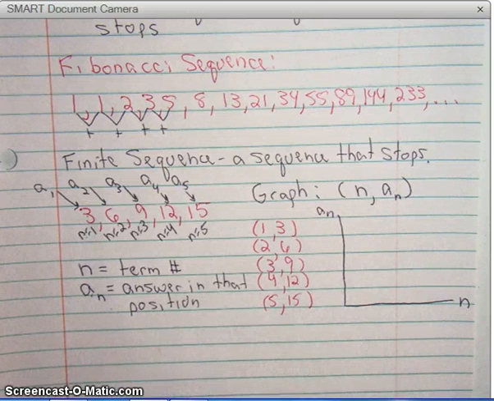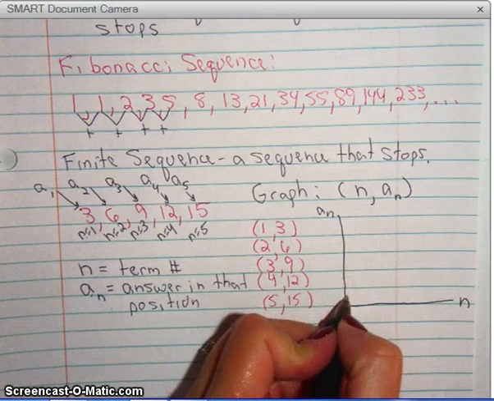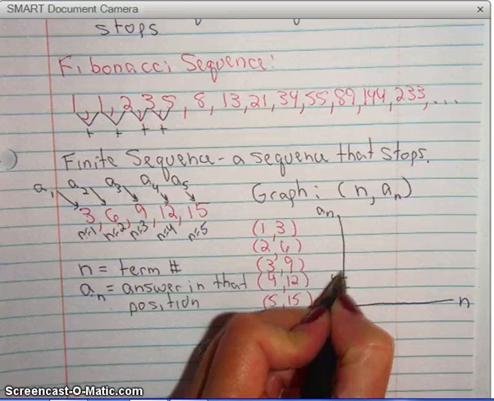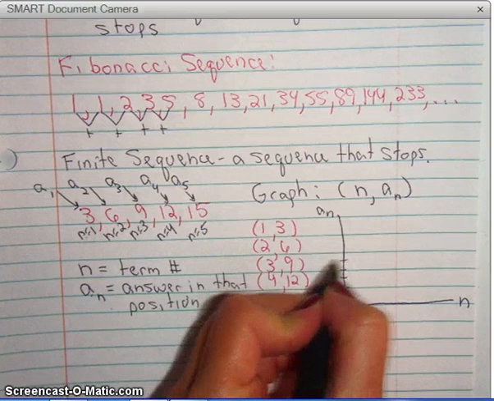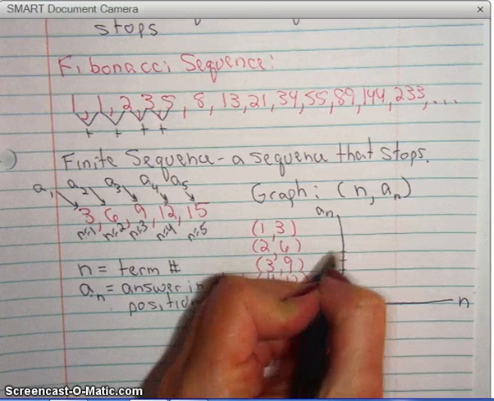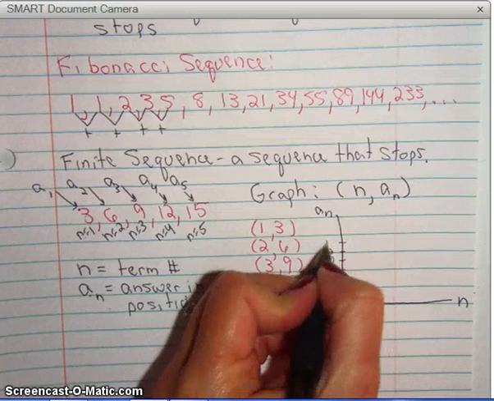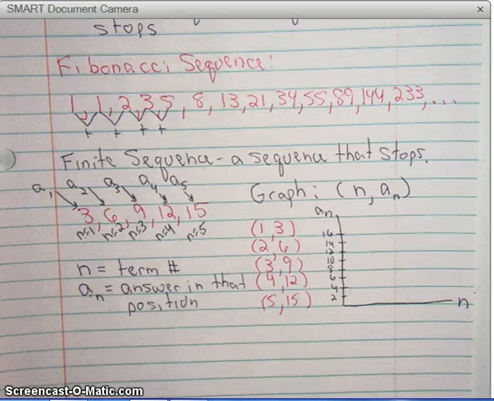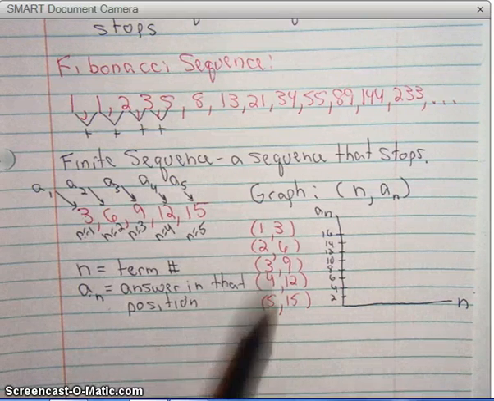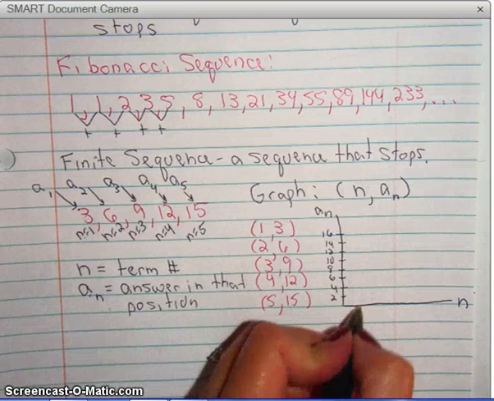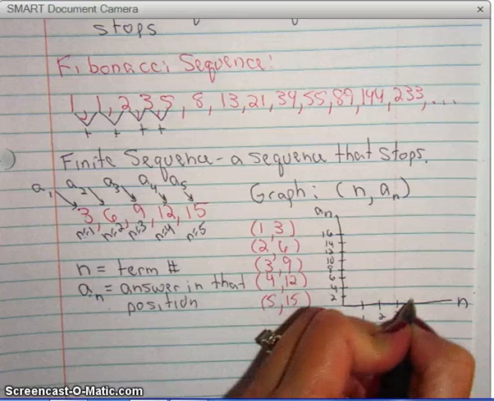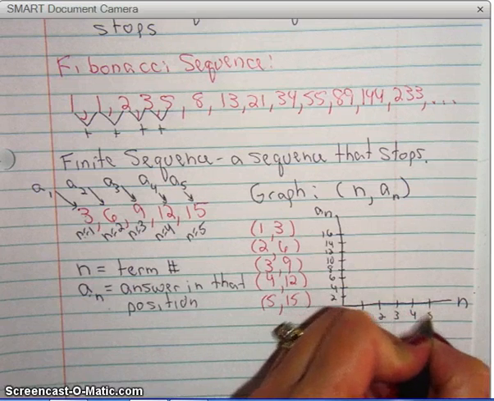So on the A sub N axis, I'm going to go like this: 2, 4, 6, 8, 10, 12, 14, 16, just so I can get all the numbers on there. On the term number axis, we only go up to 5. So let's go 1, 2, 3, 4, and 5.